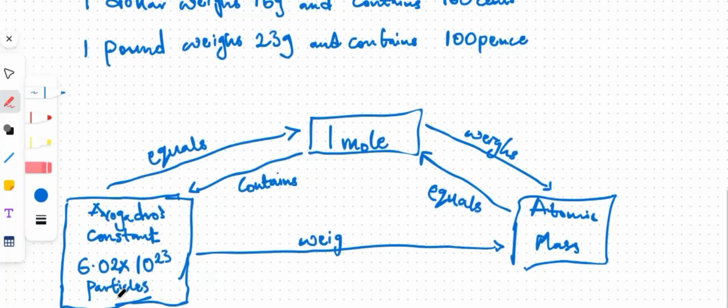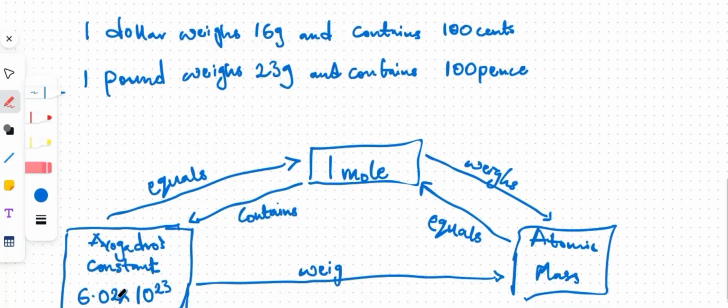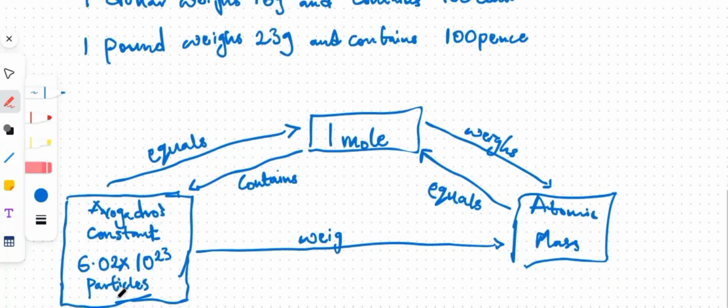So 23 grams can be likened to the atomic mass of pound, while 16 grams can be likened to the atomic mass of what? $1 basically. So they have different weights, but the number of particles are what? The same, as long as we are talking about mole. So that's what I want you to understand. What makes mole mole is the what? Number of particles. The number of particles in that amount of substance.